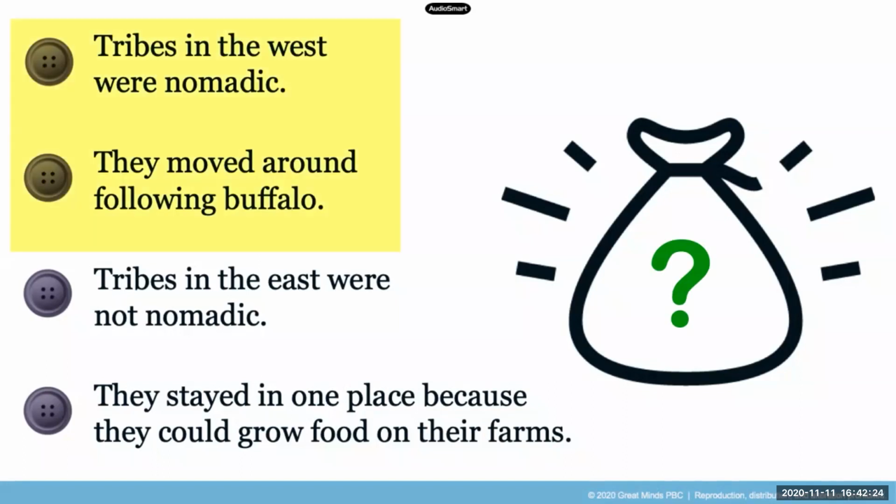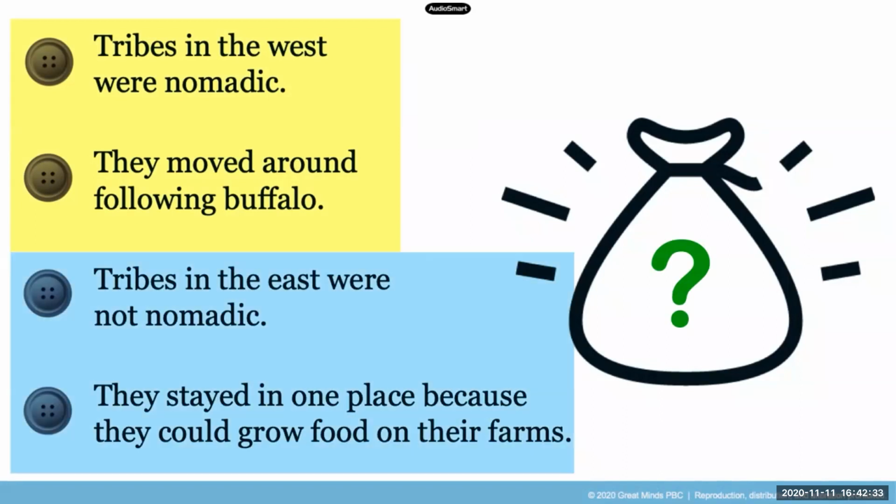The details that we gathered taught us that the tribes in the West were nomadic and they moved around following the buffalo. We also learned that the tribes in the East were not nomadic and they stayed in one place because they could grow food on their farms. The Plains Indians in the West lived differently than the Plains Indians in the East.